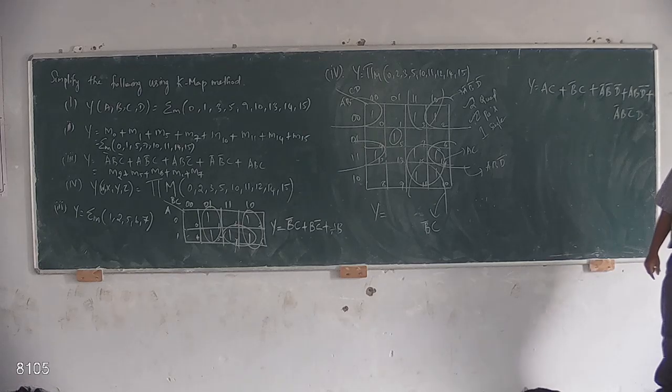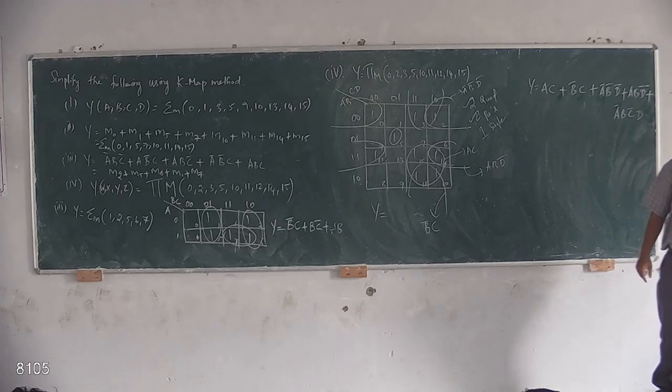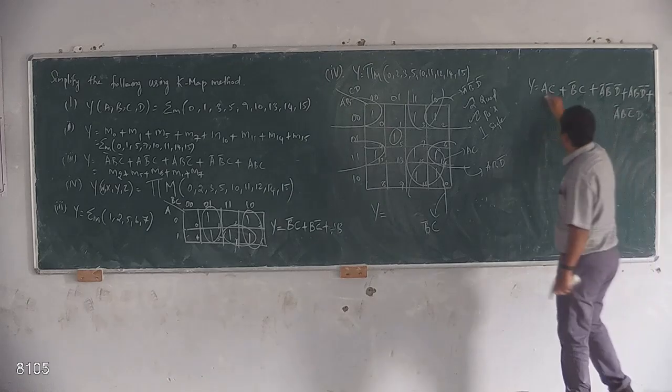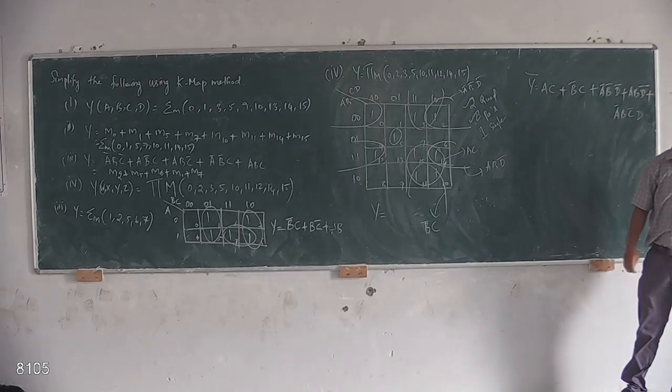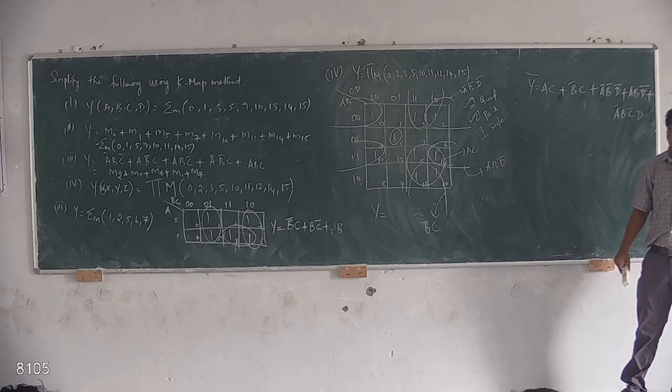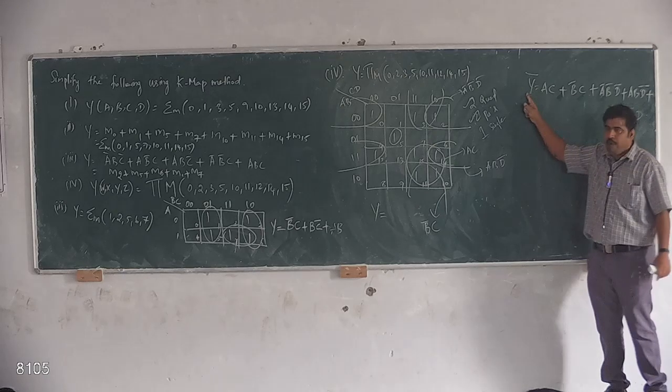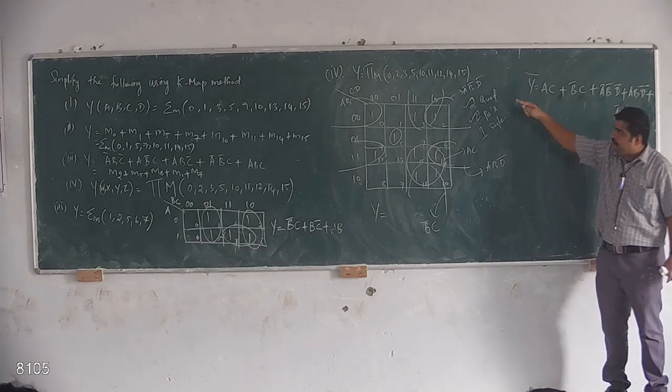So listen here. Since in your problem they ask you to do the POS method, we need to take the complement form of this. So actually the value is Y bar. Okay, listen carefully. This is the only step we are going to include in this. In your problem, if it is a general summation m term, the answer will be in the form of Y. Here they have given pi M format.